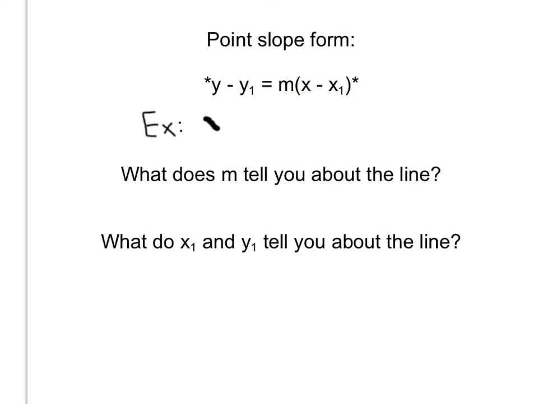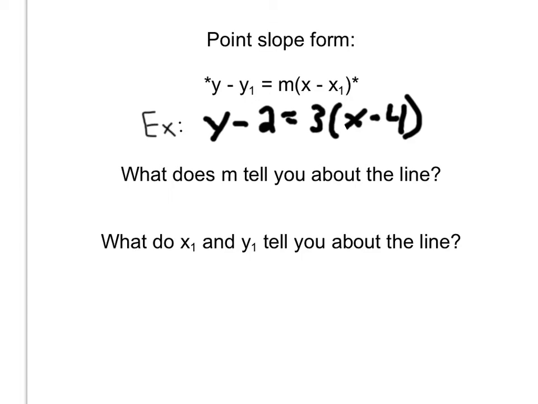Okay, so we're going to have y minus, and y sub 1 is going to be some number, like 2, equals m will be a number, x will be the variable x, and x sub 1 will be a number. Okay, so this right here is an example of what point-slope form looks like. Y minus 2 equals 3 times x minus 4.